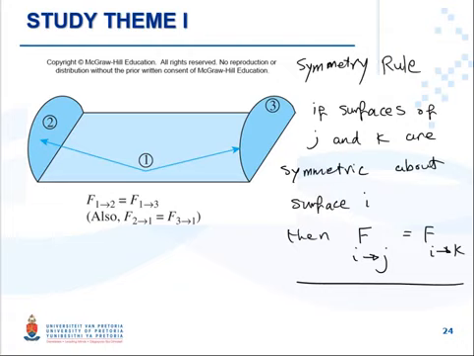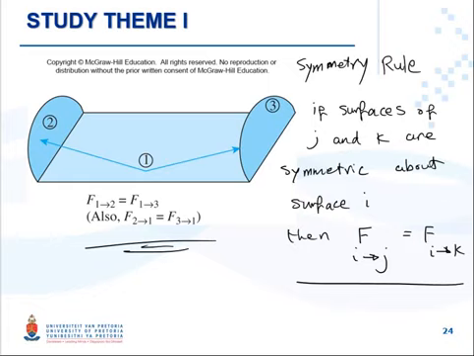If we apply it to the picture that we can see, because it's symmetric, F12 is equal to F13. Now we have defined all the rules necessary for this chapter. We also talked about self view factors.